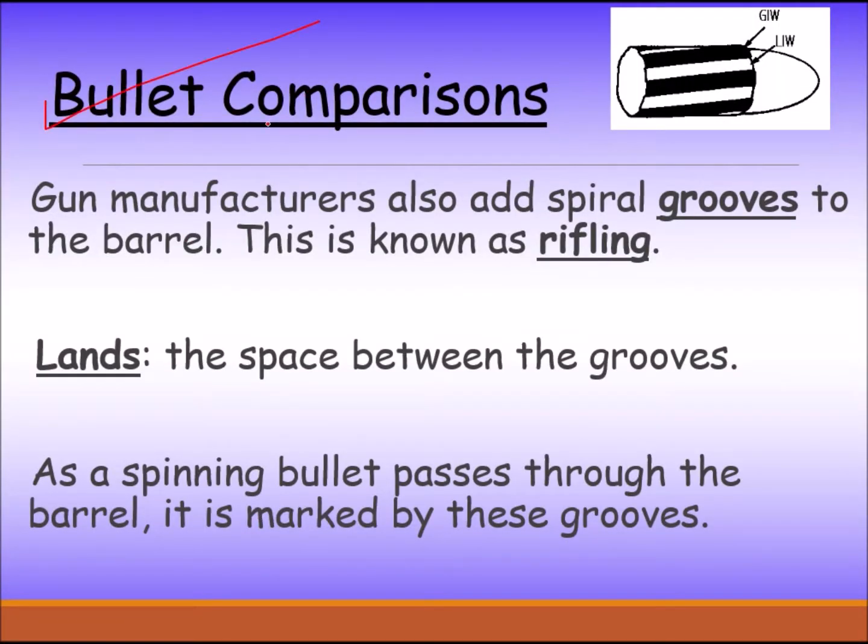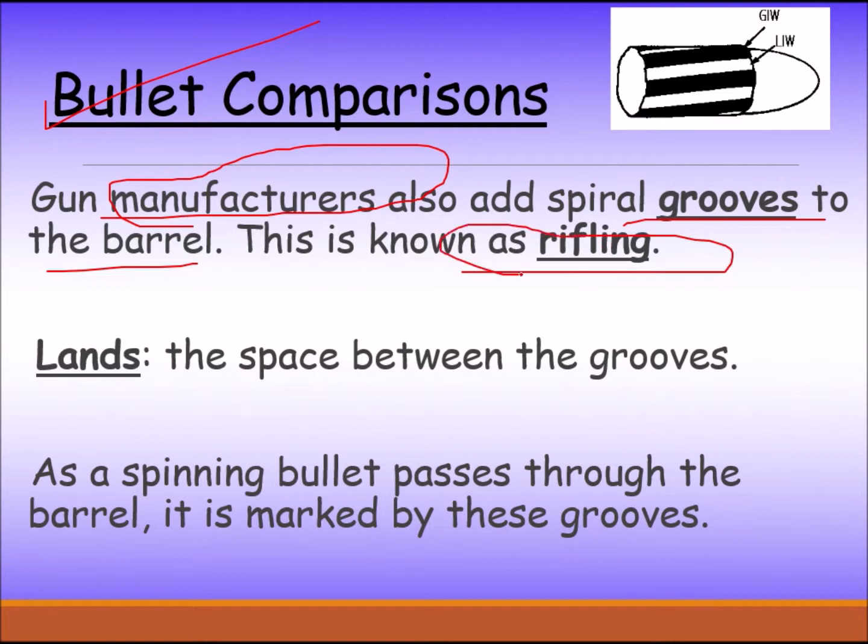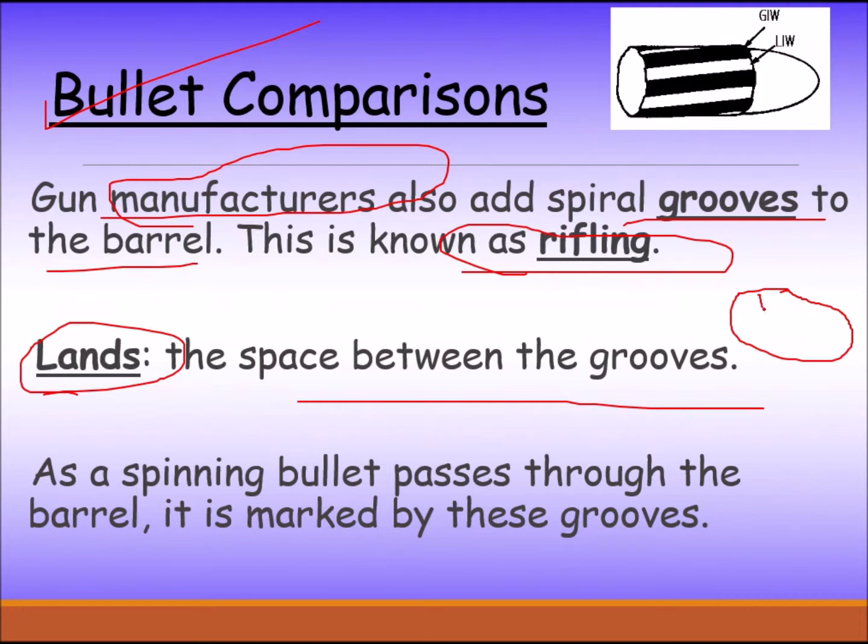Now, gun manufacturers usually also add spiral grooves to the barrel, and this is known as rifling. This is the feature added by gun manufacturers, and the lands are the space between the grooves. So in the barrel of a rifled firearm, there are lands, there are grooves, there are lands, and there are grooves.